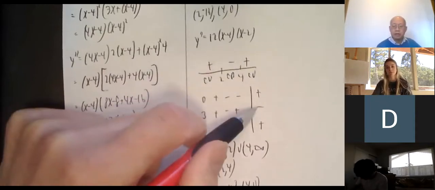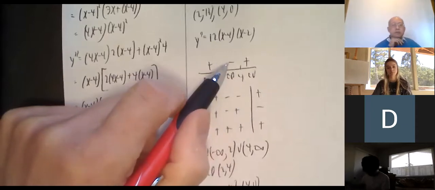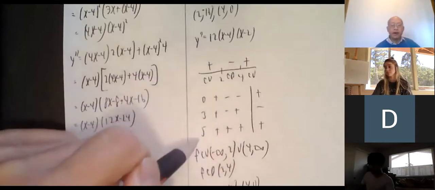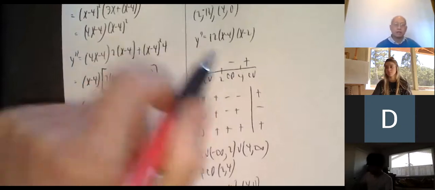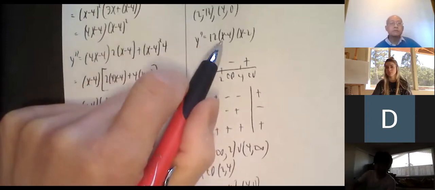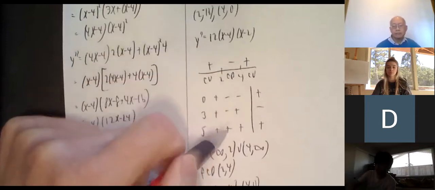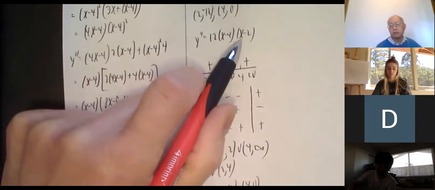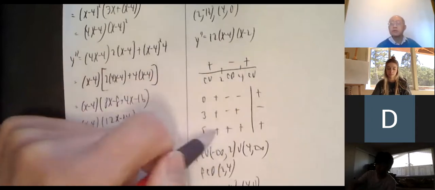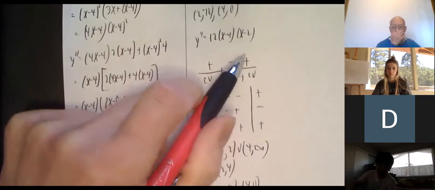Multiply them all together, negative, negative. And 5. 12 is positive. 5 minus 4, positive. 5 minus 2, positive. Multiply them all together, positive.